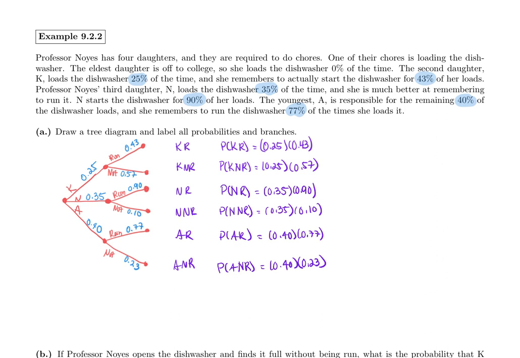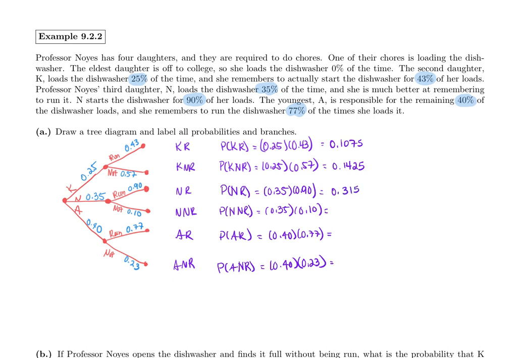So if we multiply each of these out, we can get a decimal representation for each probability. The probability that K loaded and ran the dishwasher is 0.1075. The probability that K loaded and did not run the dishwasher is 0.1425. The probability that N loaded and ran the dishwasher is 0.315.